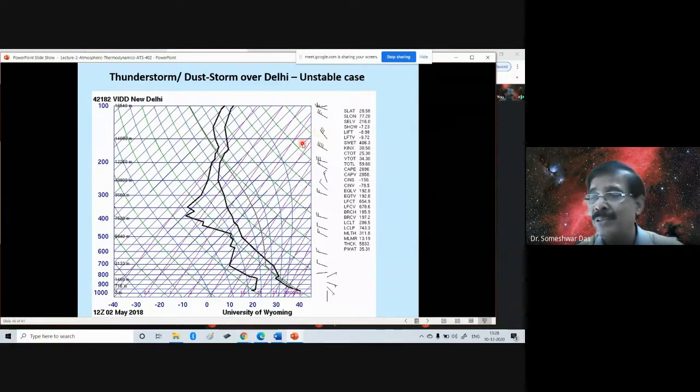We can convert them, of course, approximately. 1 meter per second is approximately equal to 1.8 knots, roughly, let's say 2 knots.